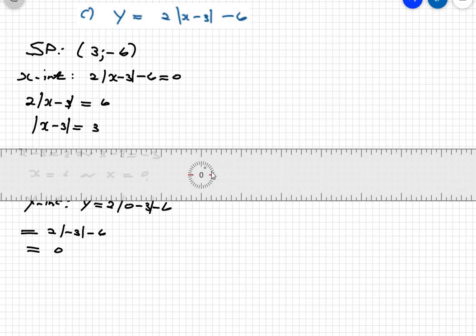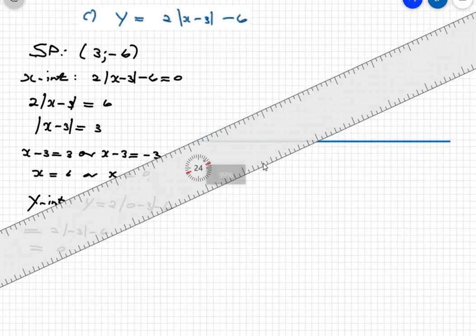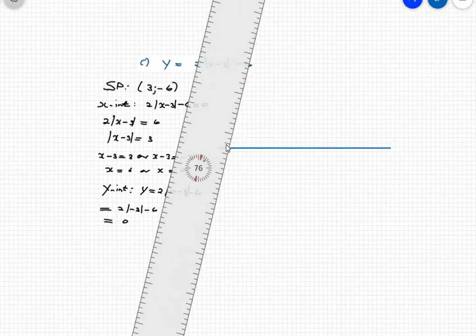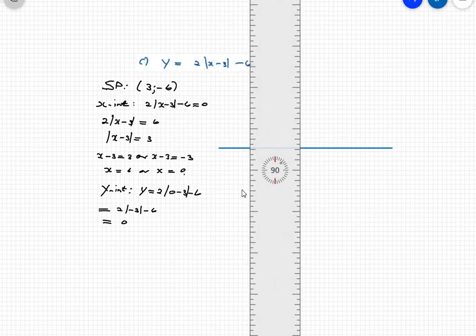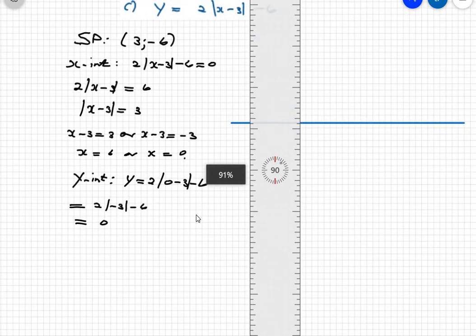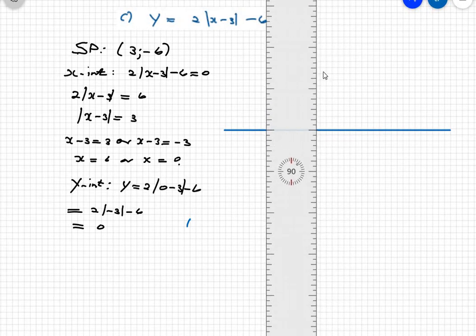So let's draw it quickly. I'm just going to move it a little bit to the right. I'm going to do it here. Okay.